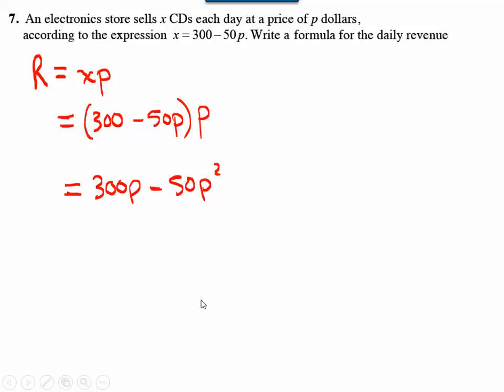I get to plug in one formula, as long as the relationship between the price and the amount sold is true. Now I've got a relationship where I put in a price, and it tells me how much I can make in that single day. Just sort of combining formulas together. Okay, good there.